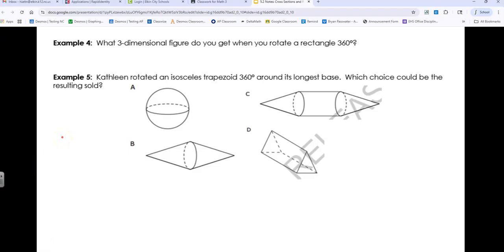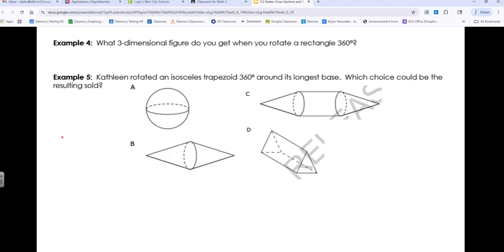All right, so let's picture this. A lot of this is like imagining. You have to have a good imagination. You have to be able to picture things happening. If I take a rectangle, like this piece of paper, and I rotate it around, if I could spin it really, really fast, what 3D figure am I getting?